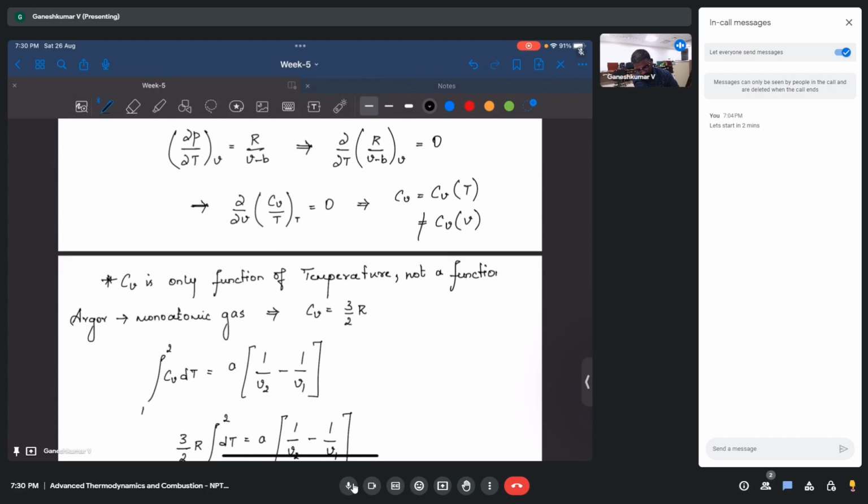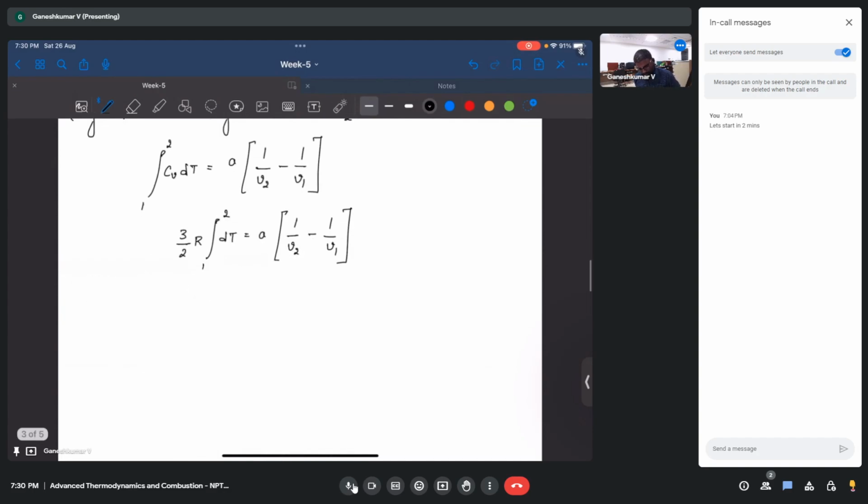Let me write this also explicitly, not a function of volume. So now this is easy to integrate, and it's going to be just T2 minus T1, which is going to be A times 1 divided by V2 minus 1 divided by V1.